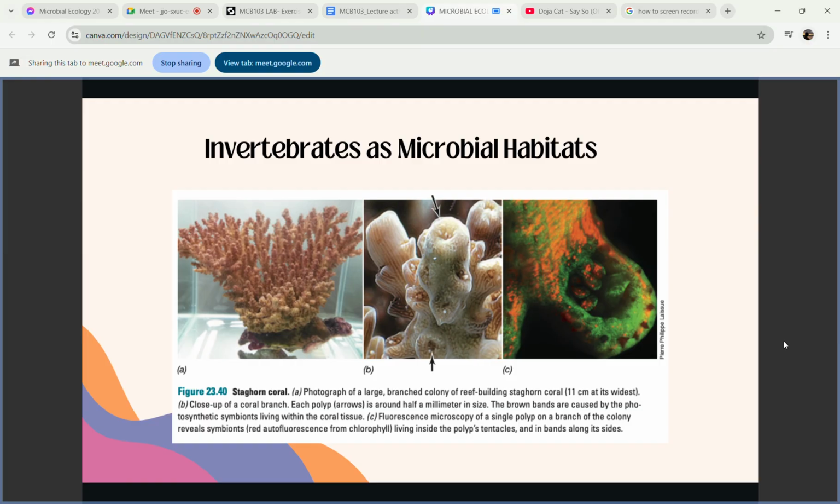So just like I said, they have this mutualistic relationship where the Symbiodinium supplies the coral with photosynthetically fixed carbon in exchange for nitrogen, phosphorus, and carbon. While the coral skeleton optimizes light capture, amplifying light for Symbiodinium and enhancing photosynthesis.